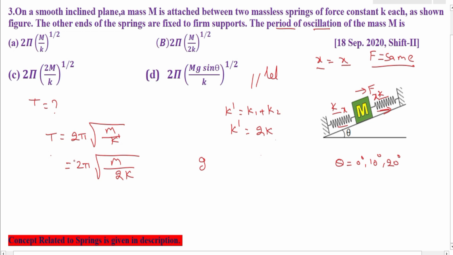That is, T is equal to 2 pi root m by 2k. So irrespective of angle, this spring mass system will oscillate with the same time period. We can conclude that the time period of a spring mass system is independent of this angle in the case of a wedge.